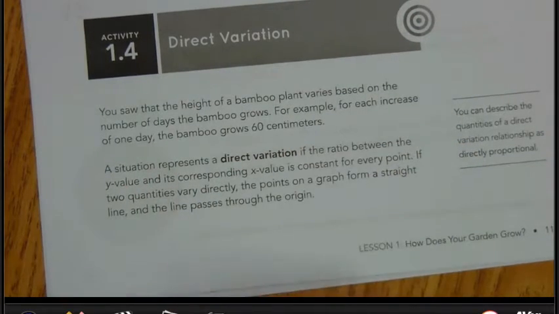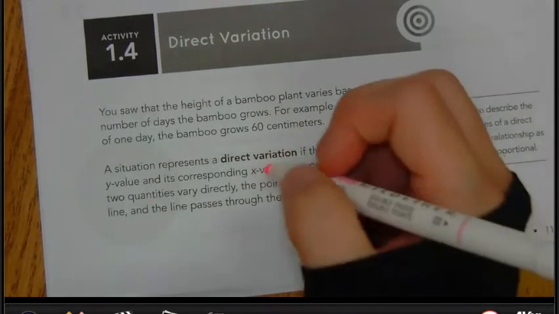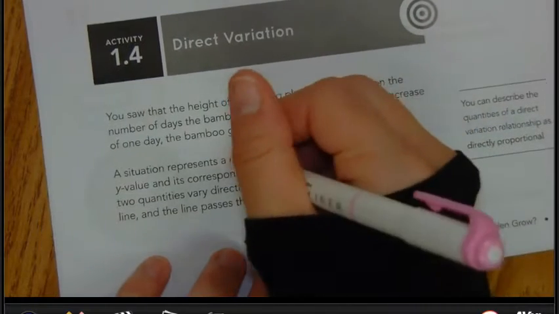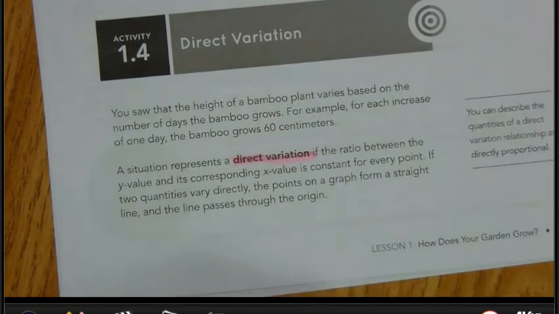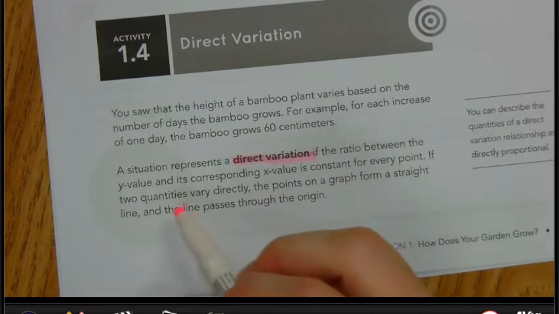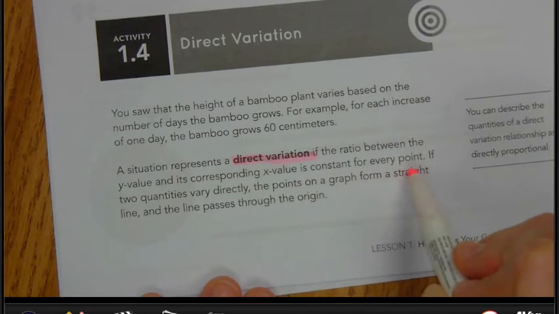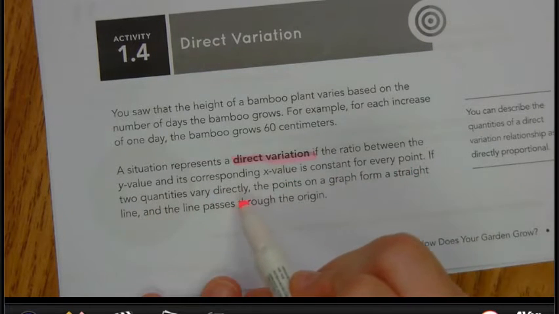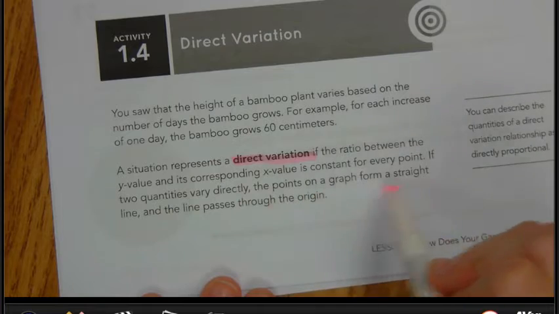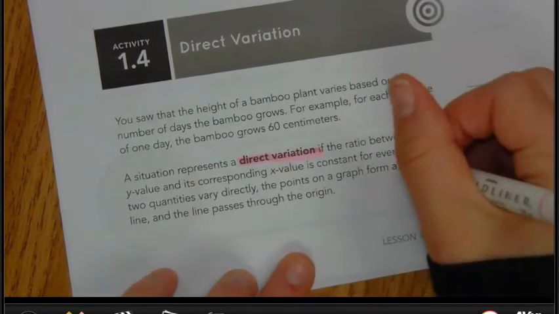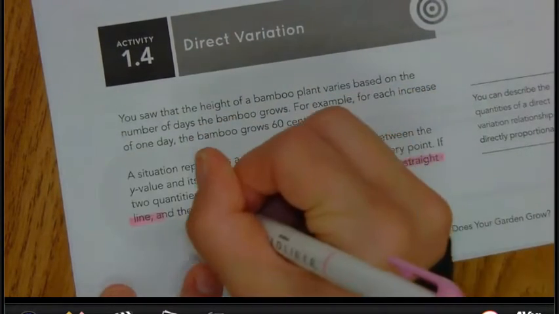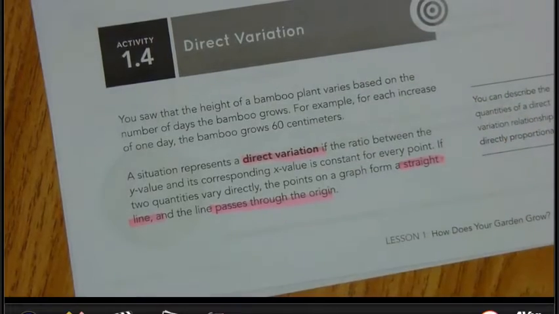A situation represents direct variation if the ratio between the y value and its corresponding x value is constant for every point. If 2 quantities vary directly, the points on the graph form a straight line and pass through the origin. So straight line, pass through origin. Okay, that's super important.